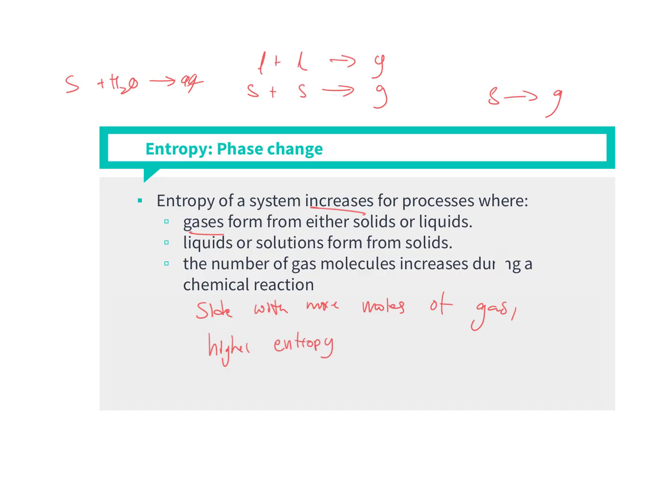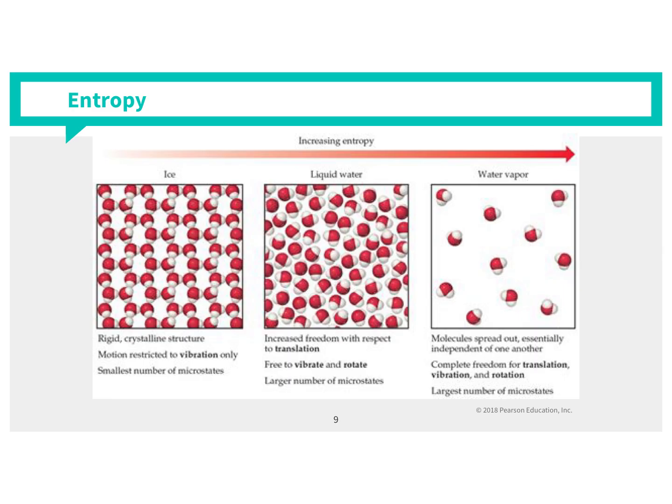So if I have, for example, H2O liquid going to H2O gas, if I have 1 mole of this and I make 1 mole of that, this has a higher entropy. And this is exactly what I was showing on that last slide, right? Ice, you have very little vibrations, very little movement. Liquid water, they're free to vibrate, they're free to rotate a little bit, and so they have more entropy.